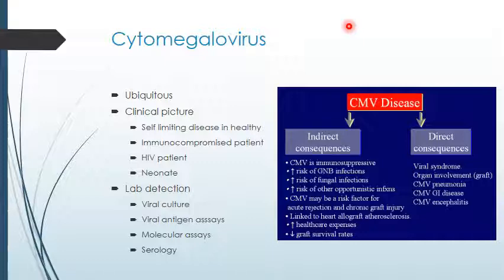The preferred method at this point is viral culture, so that you can demonstrate viral antigens or DNA in the specimen. You can get any kind of specimen, urine, blood, whatever it is. It's very easy to collect urine on a neonate, so you could get a urine specimen, and they'll do a culture off of that.